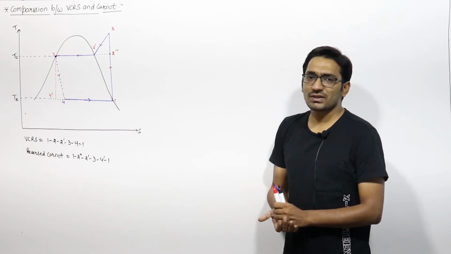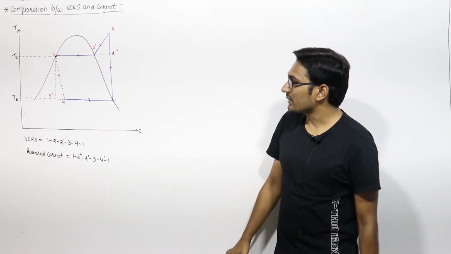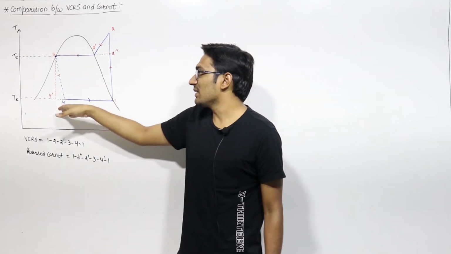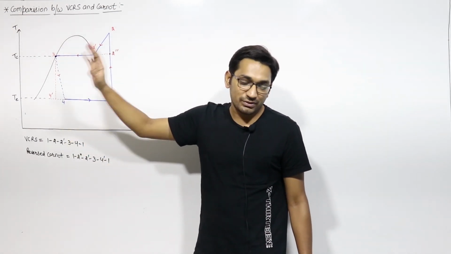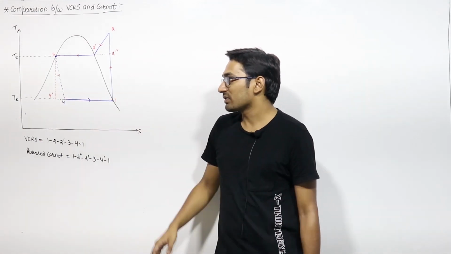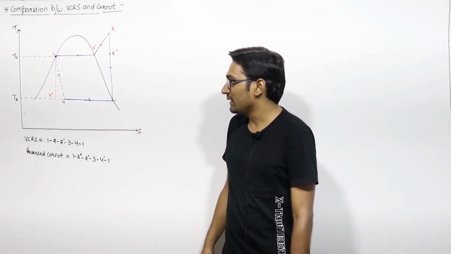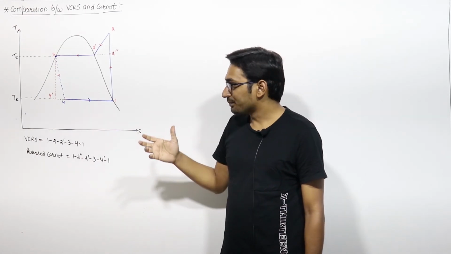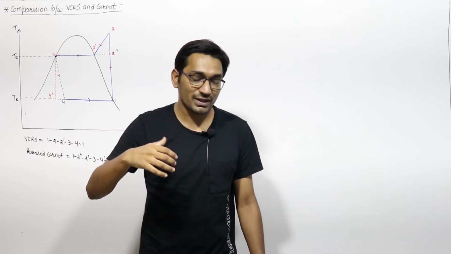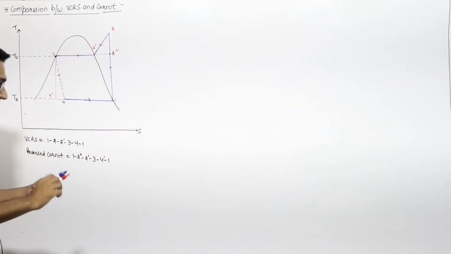And we already discussed that we have some area, which we know as the throttling loss, that is H3 minus H4 dash, and this area is the loss in the refrigeration effect. We already saw that. Now let us move towards the heat rejection.